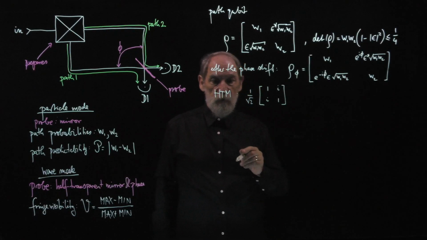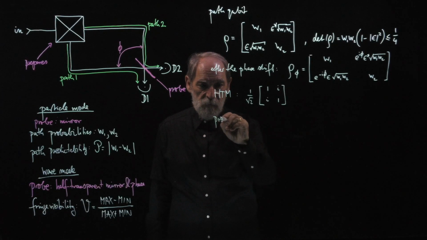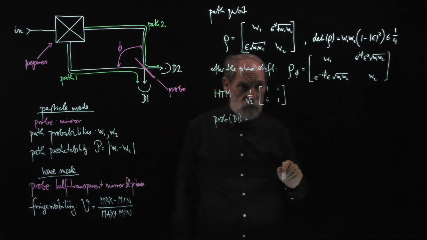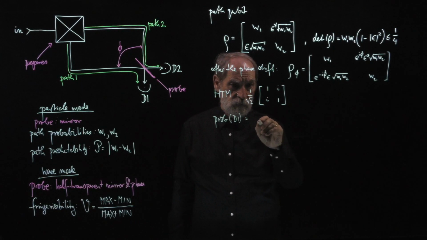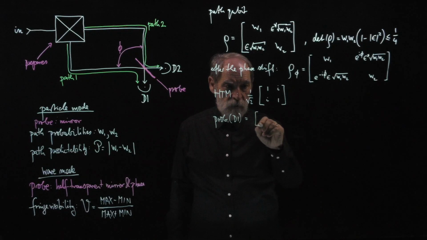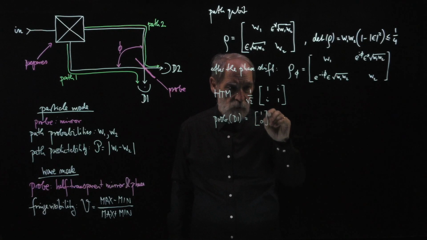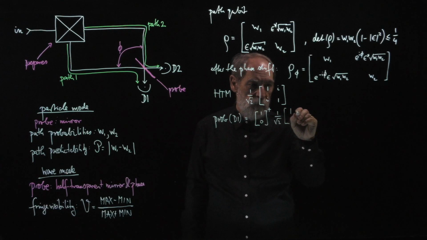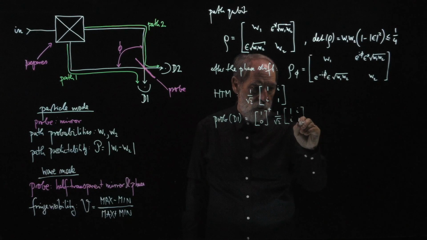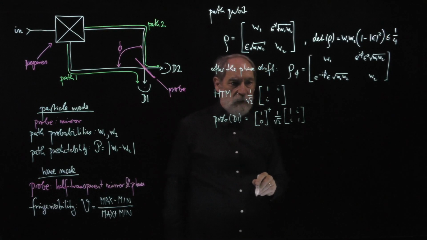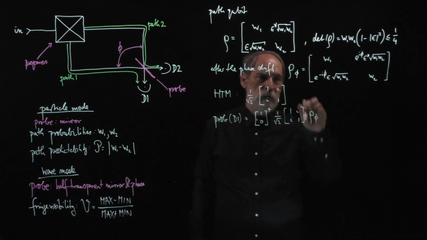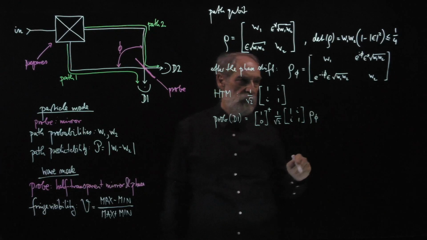So if we now look for the probability for D1, what we will have to calculate is the 1, 0 row. Then we have this unitary matrix for the half-transparent mirror. Then we have the matrix rho, which is the state before we get to the half-transparent mirror.